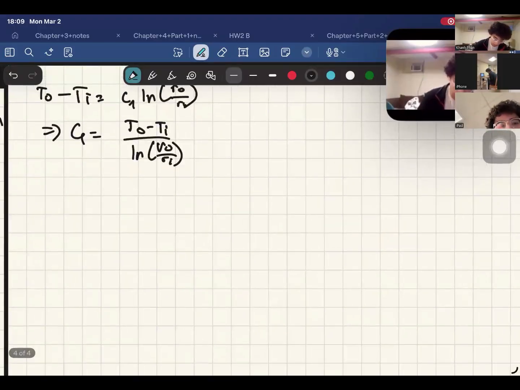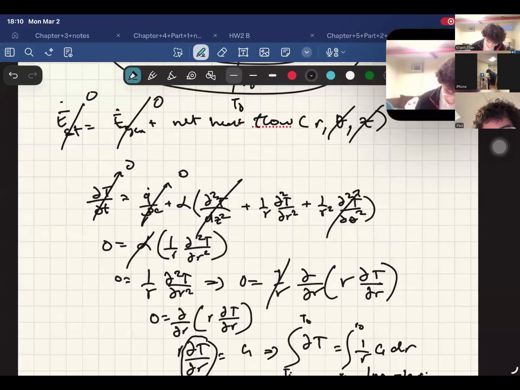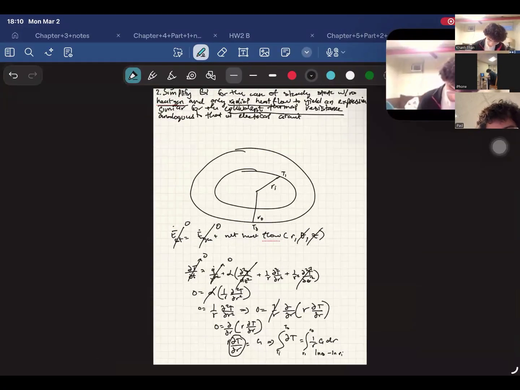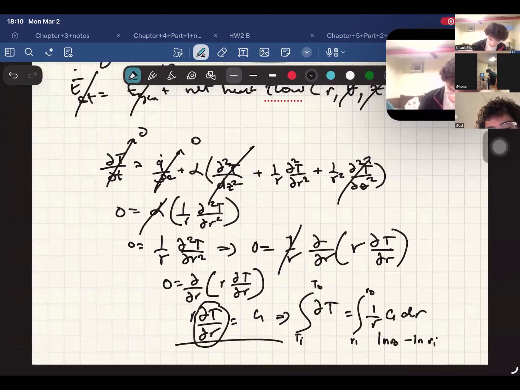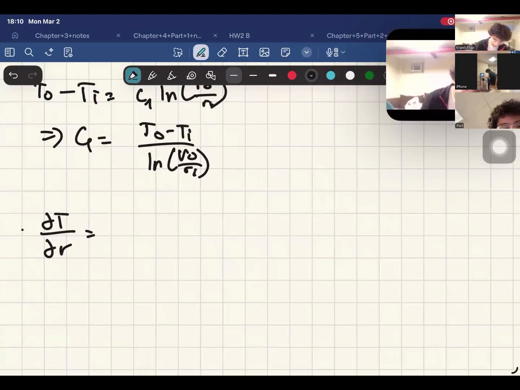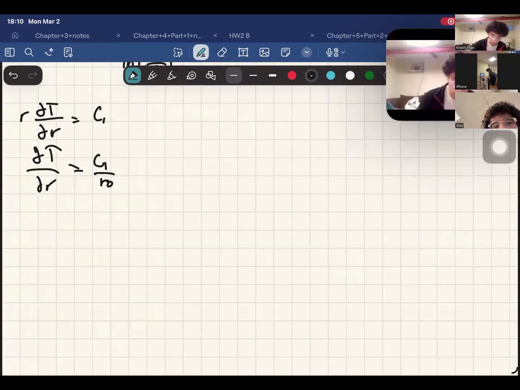So we would have over here dT over dr, we have as the expression we wrote over here, R dT/dr equal to C1. So therefore dT over dr is C1 over R. And then we can plug it in our Fourier's law.